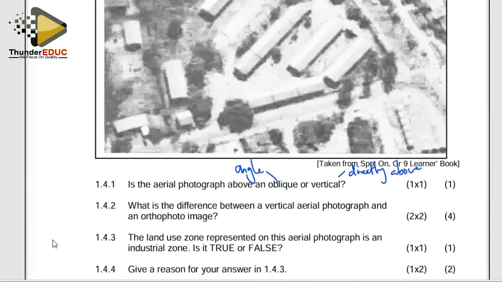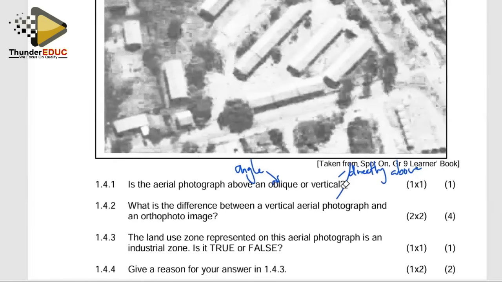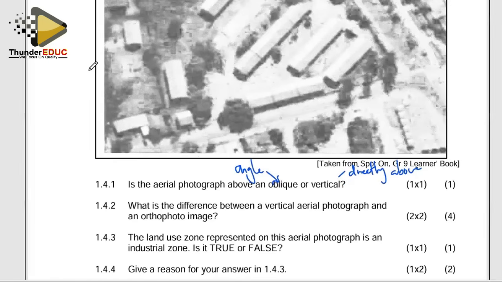The difference to note between an oblique and a vertical photograph is in terms of how the features appear. If you look at a photograph that was taken from an angle, it will show you a side view and partly a top view. But if you only see the top view, it means that the photograph was taken at a vertical angle.